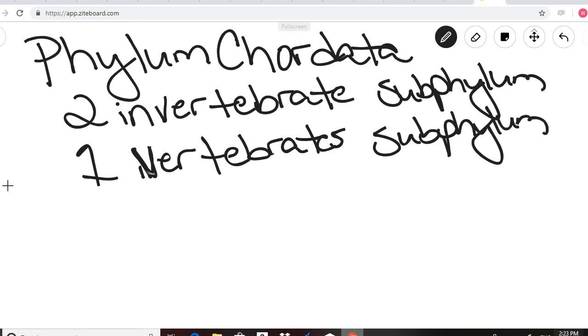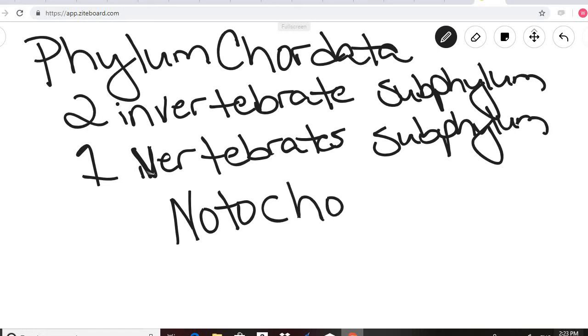Okay, so the thing about the phylum Chordata is that they all have a notochord. The notochord is a nerve cord that runs the length of the body.